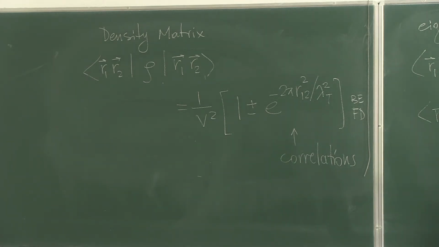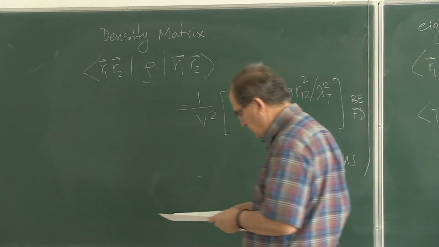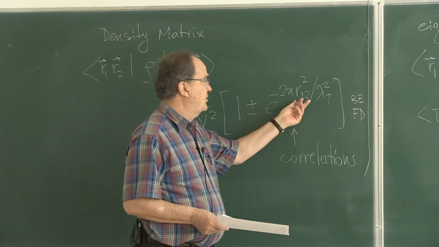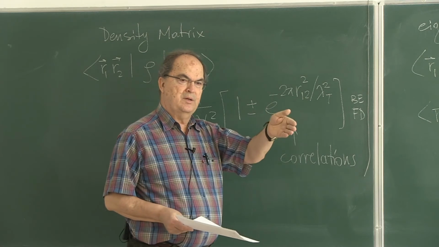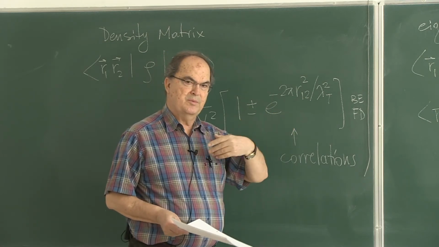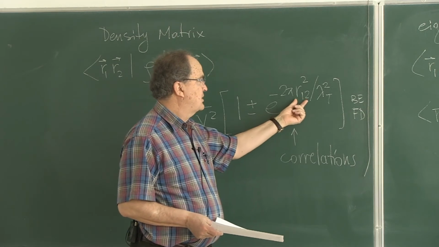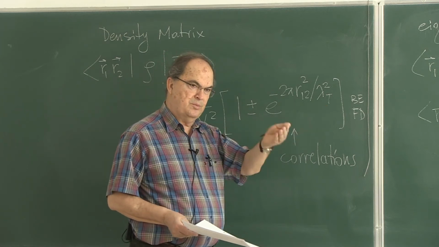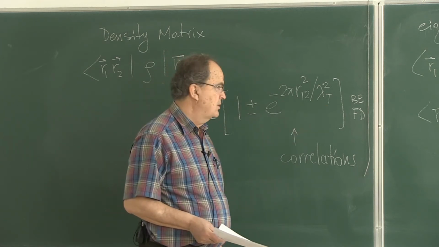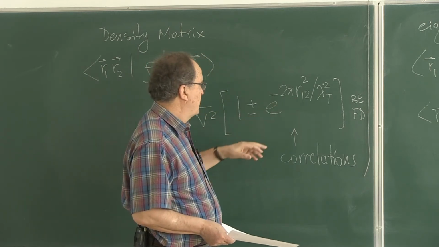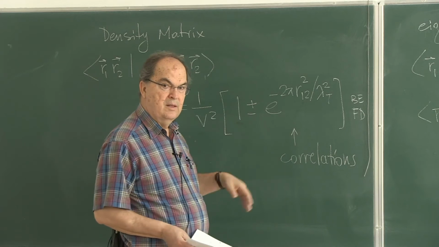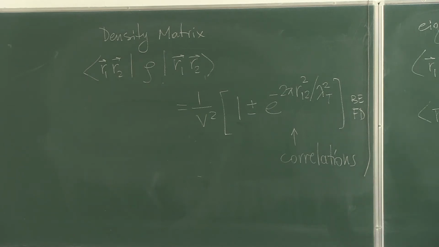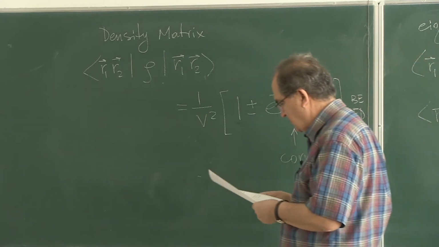Okay? So, if the distance between particles, this is r12, R2 minus R1, is of the order of lambda T, the thermal wavelength, where quantum effects dominate, then there is a difference from the classical result, the maximum difference from the classical result. Otherwise, that correction may be small.